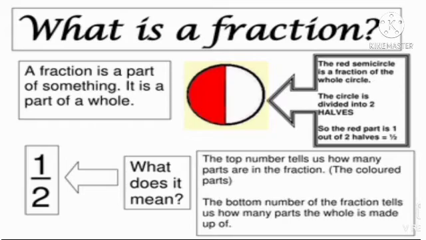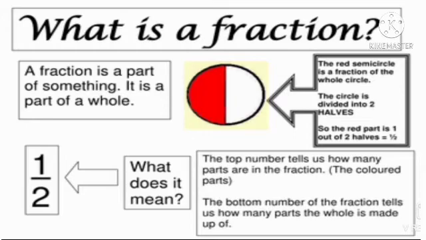A red semicircle is a fraction of the whole circle. So the red part is 1 out of 2 halves, and the fraction of the shaded portion is 1 over 2. 1 out of 2 is half.